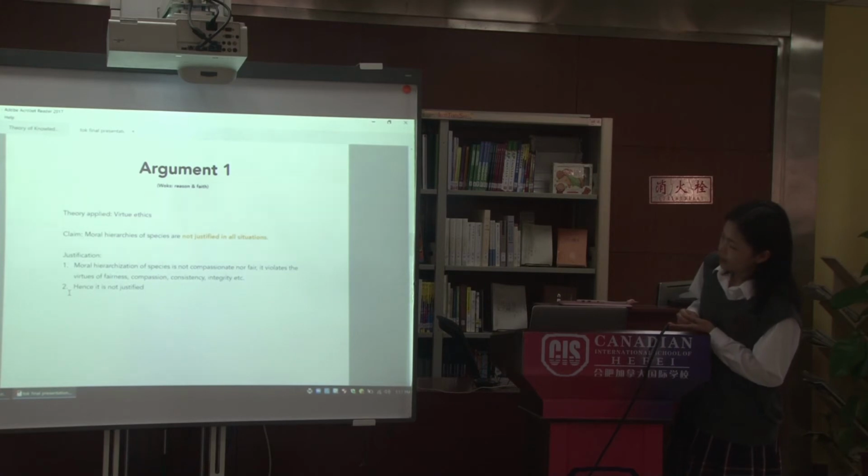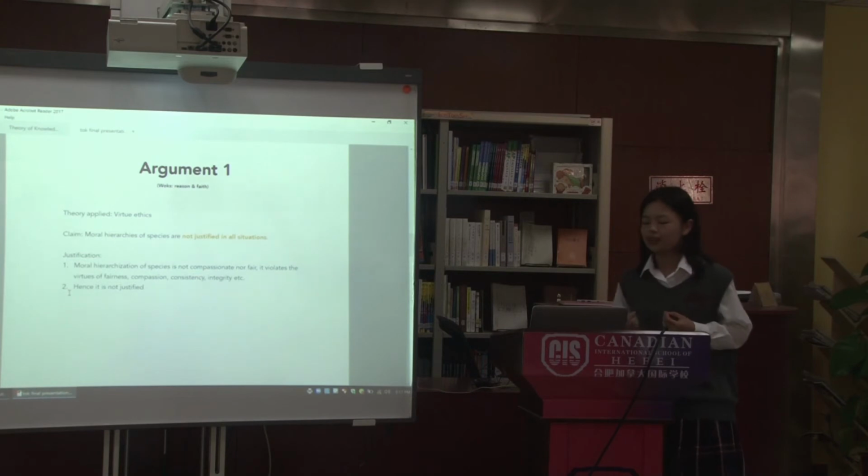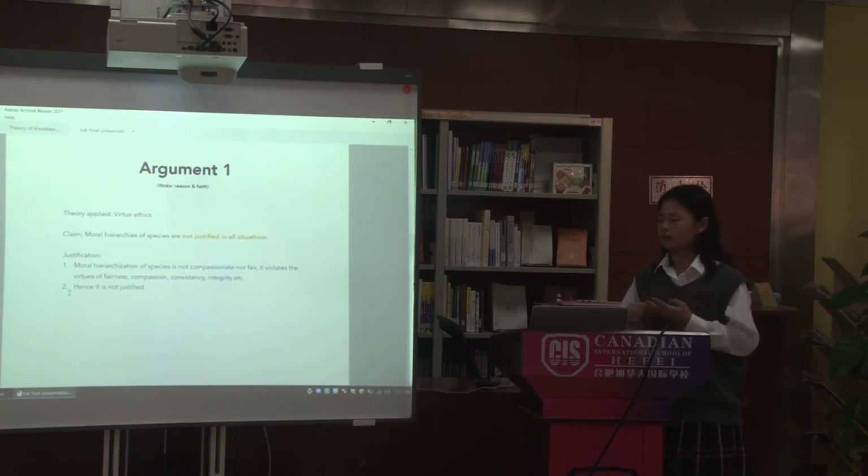So the claim here is that moral hierarchies of species are not justified in all situations. How we come to that conclusion is very straightforward. There's only one premise: moral hierarchization of species is not compassionate nor fair. It violates the virtues of fairness, compassion, consistency, integrity, etc. And that's why it is not justified using this theory.